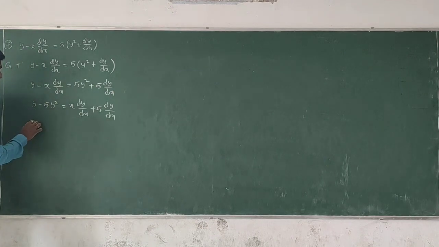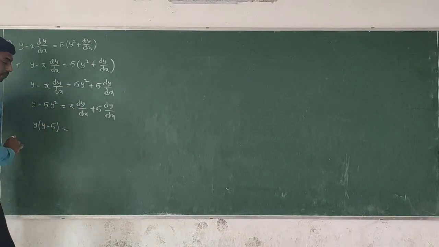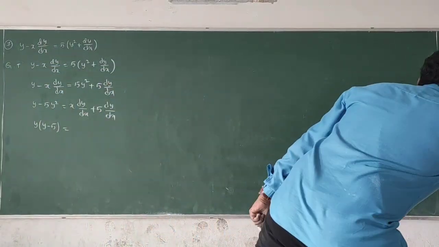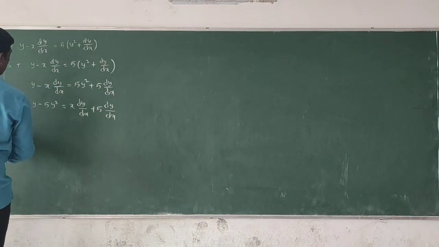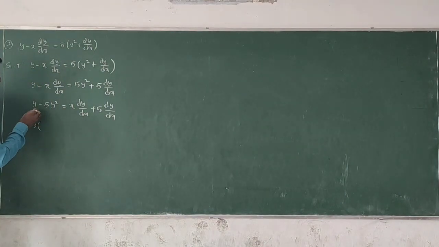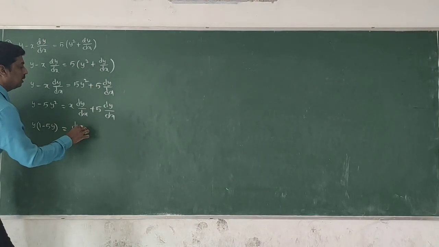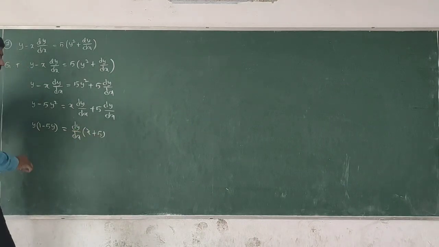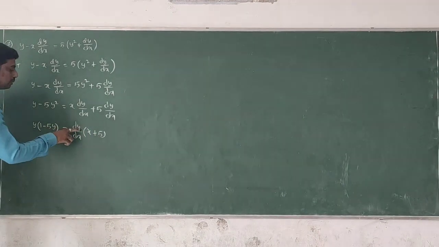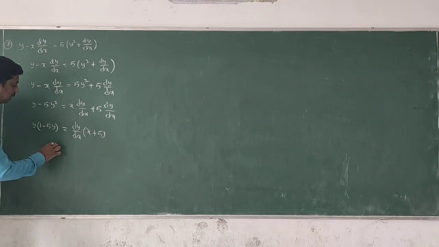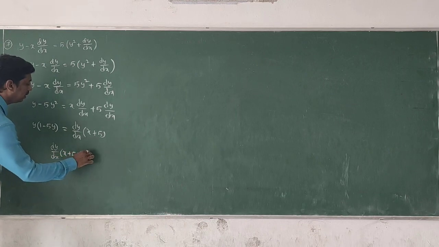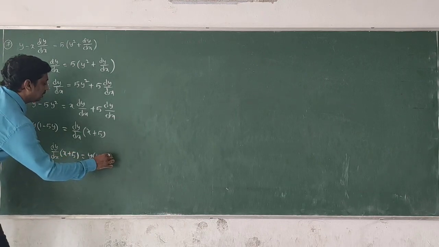In these two terms y is common. The remaining term is 1 minus 5y, equal to, in these two terms dy by dx is common, the remaining is x plus 5. So this can be written as dy by dx into x plus 5 equal to y into 1 minus 5y.